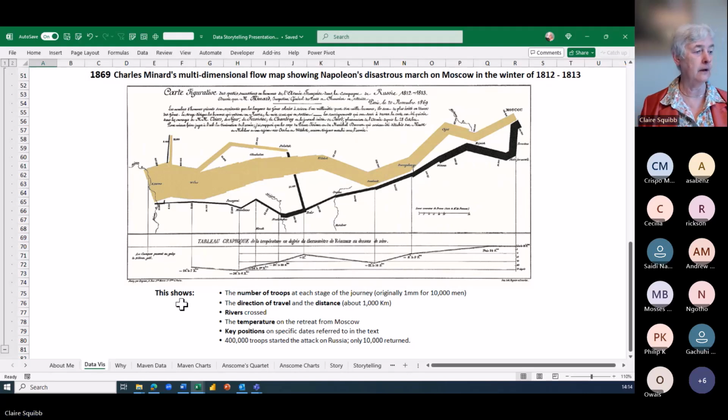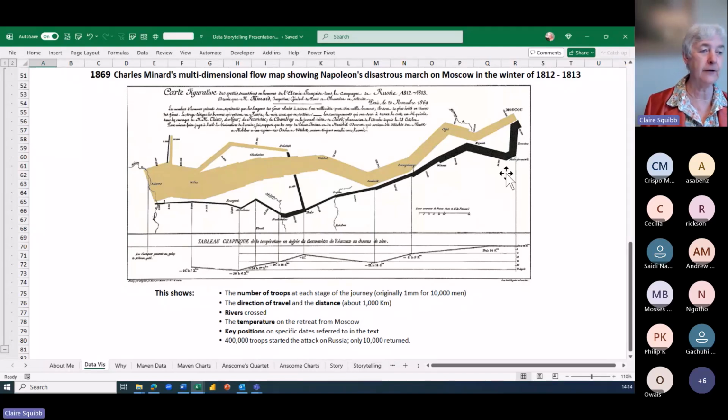The bottom section here is showing the temperature, going down to -20, -30 degrees centigrade. It just got colder and colder. More and more people died as they went back. This enormous army that left with 400,000 men had 10,000 by the time they got back.